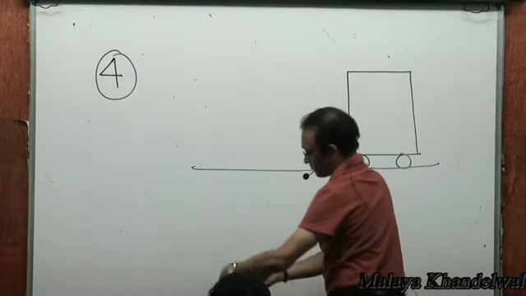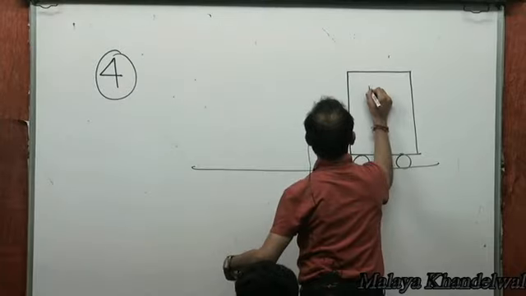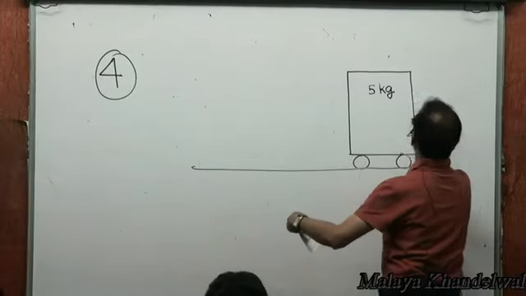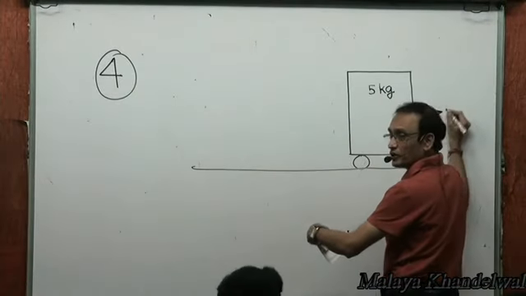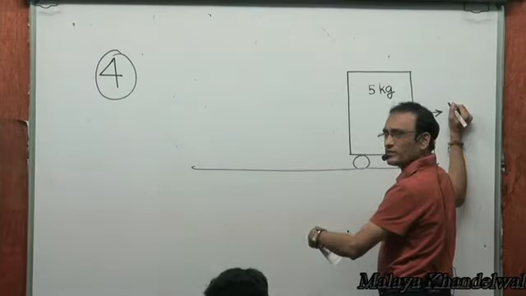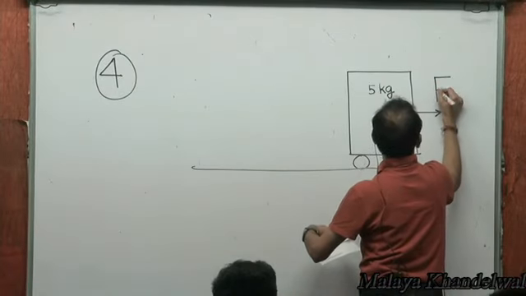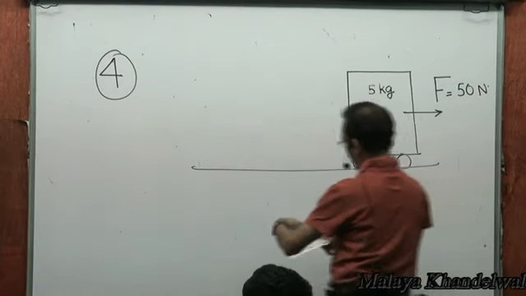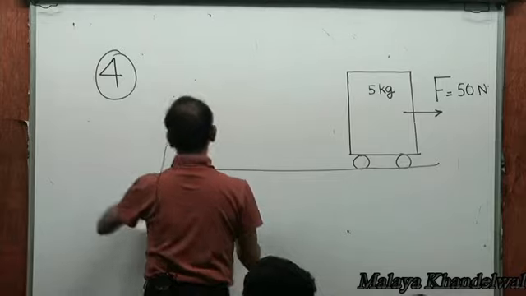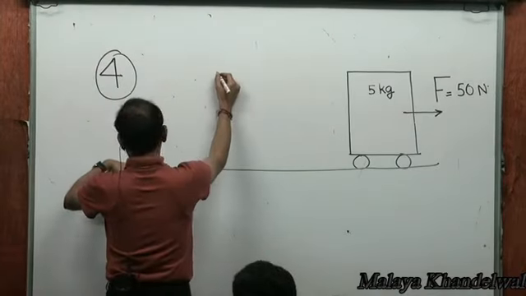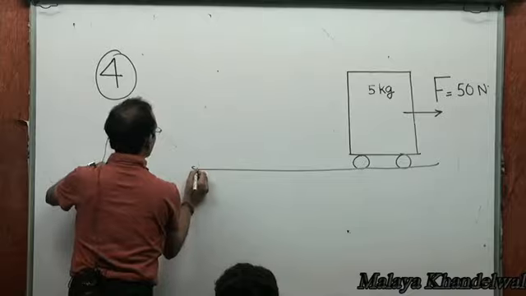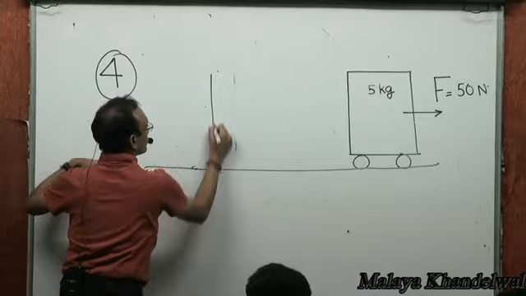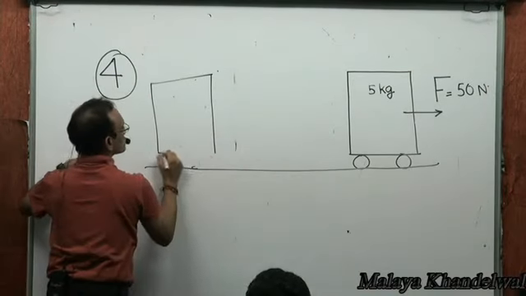There is this block of mass 5 kgs, right? And a force F of 50 newtons is applied on it. Then there is another block of mass 10 kgs.